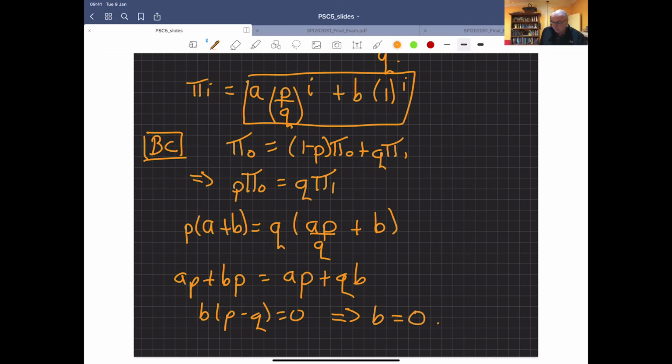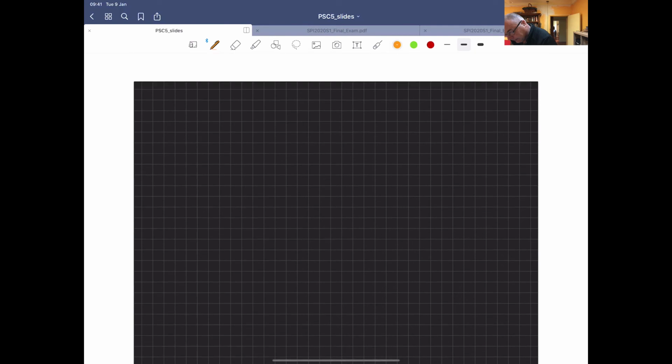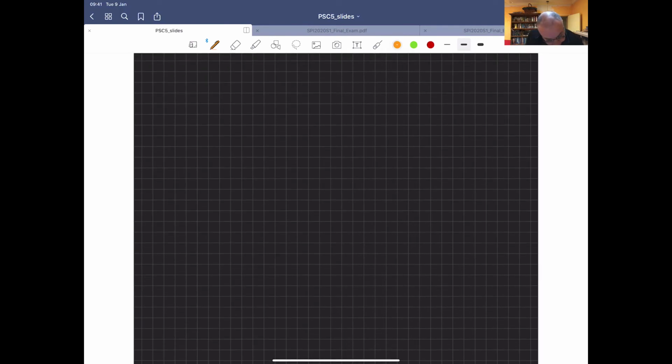Okay, so we've got B and we've simplified it. Now we need to think about how we're going to get A. What have we got so far? We've got that pi I equals A (P over Q) to the I. So how do we now get A? Well, we can use our normalizing equation.